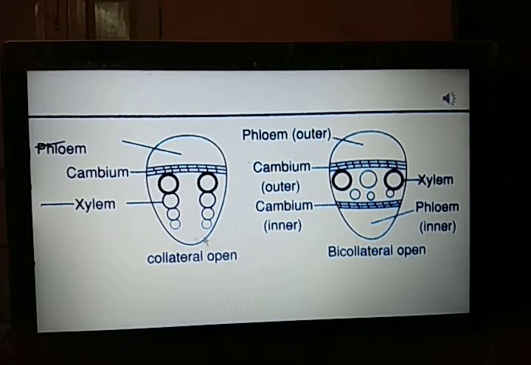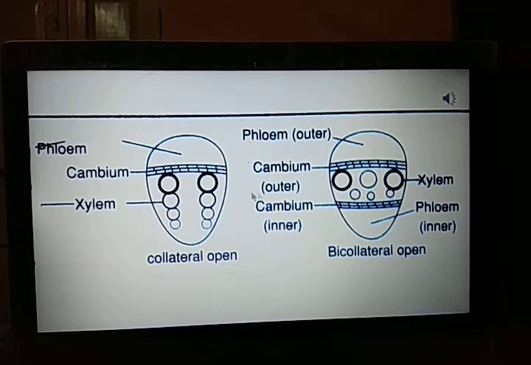Now, here in collateral open vascular bundle, there is only a single strip of cambium, as you can see, and above it, that is towards the periphery, phloem is present, and towards the pith, xylem is present.